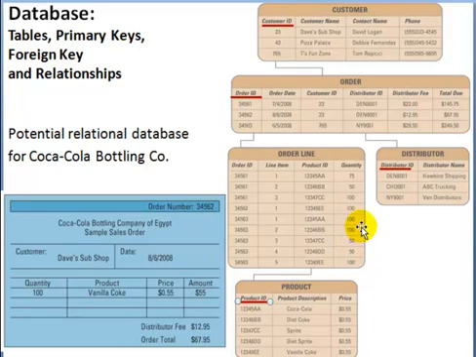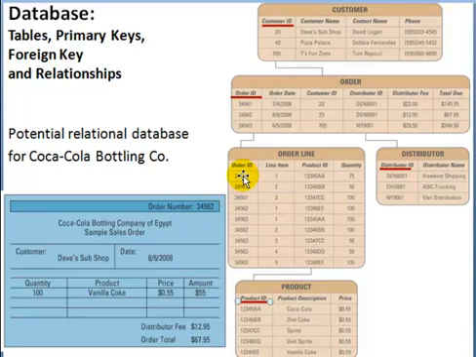For the order line, if you look at it, we cannot use order ID as the primary key because in this example here we have order ID 3, 4, 5, 6, and 1 has 3 entries here, so it's not a unique identifier for order line.